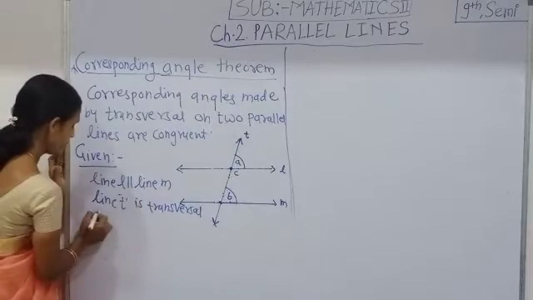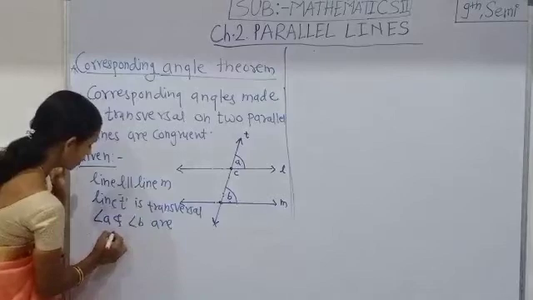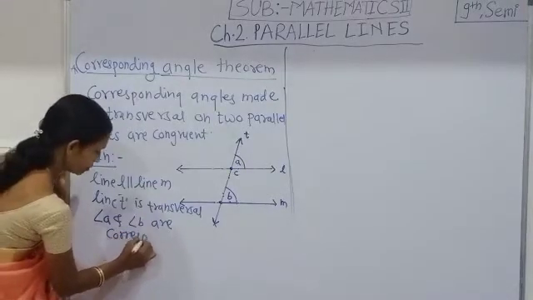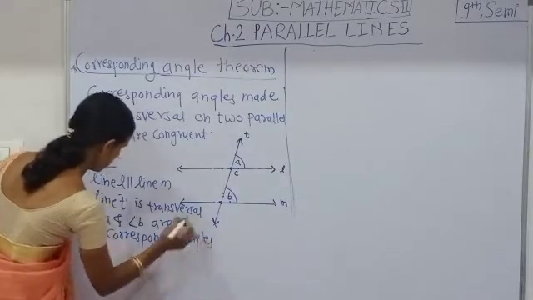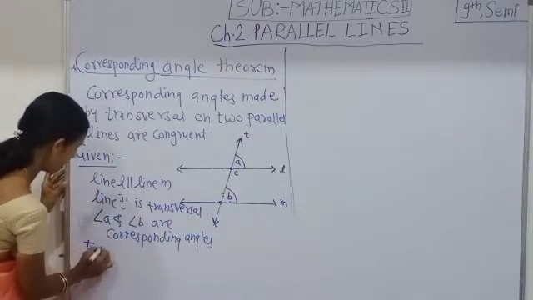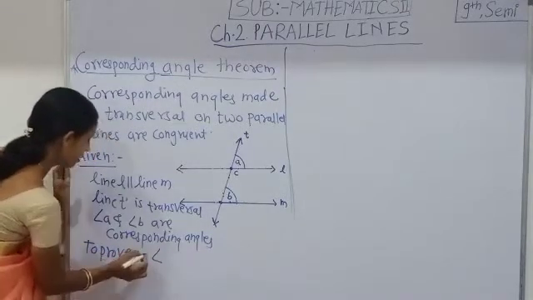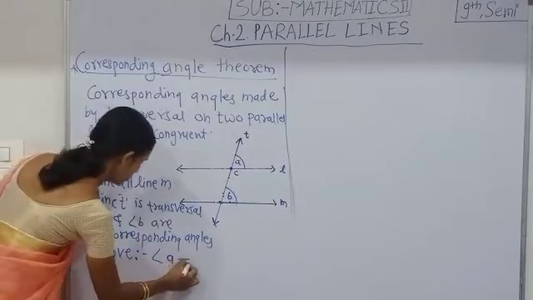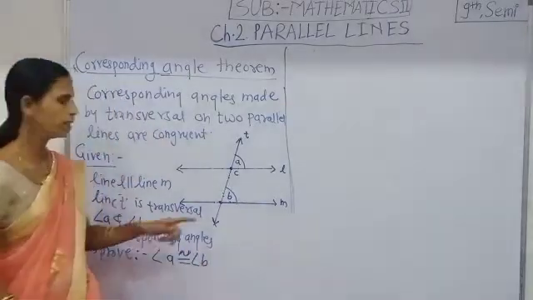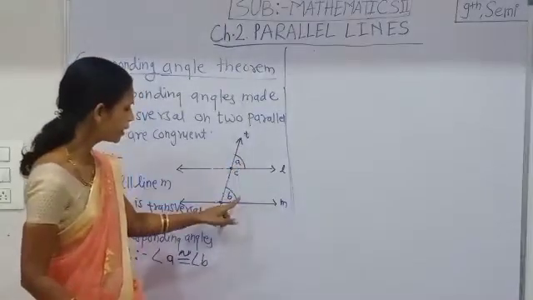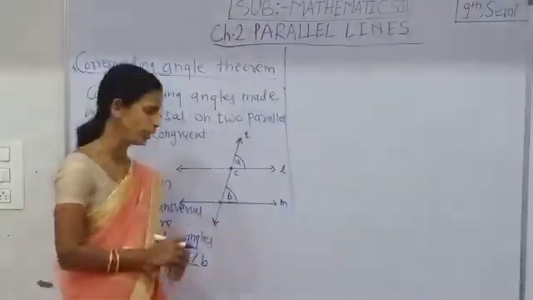Then angle A and angle B are corresponding angles. And we have to prove that corresponding angles are congruent. Therefore angle A is congruent to angle B. We have to prove that angle A and angle B are of equal measurement, or angle A and angle B are congruent.